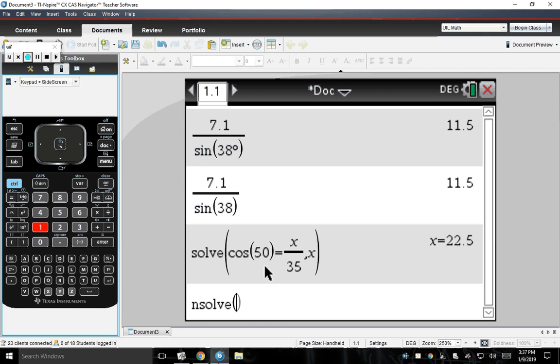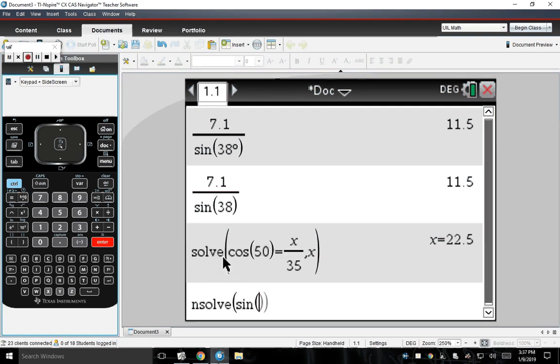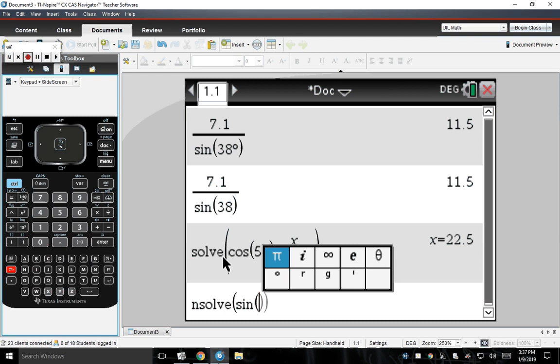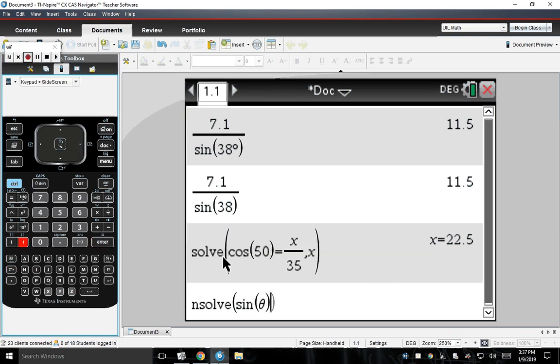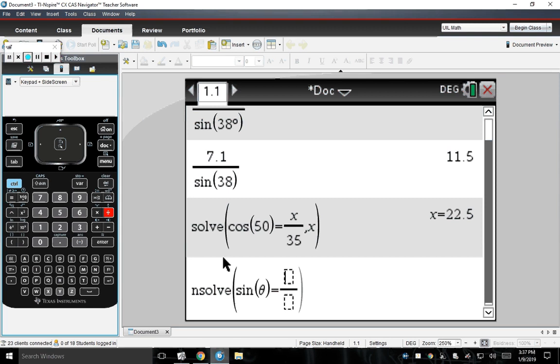Okay? Now let's go ahead and put this. We're going to do, what did we say it was? The sine of theta. So the sine, and look up here because you're going to need to know where theta is at. It's the pi button. Scroll over and then close that parentheses and say it's equal to the 11.8 over 13.5.